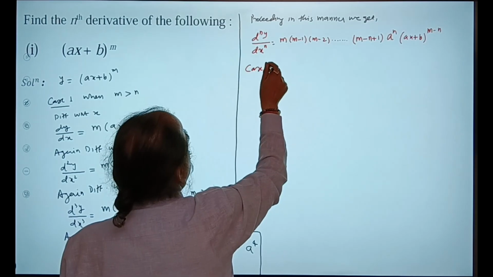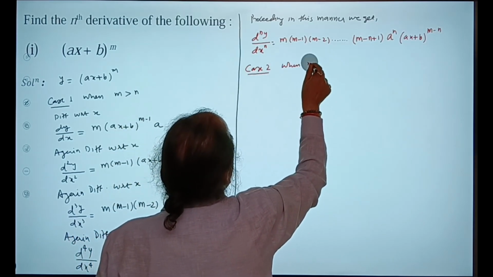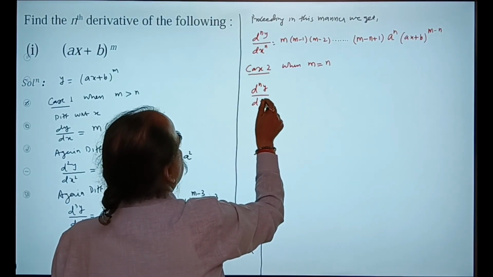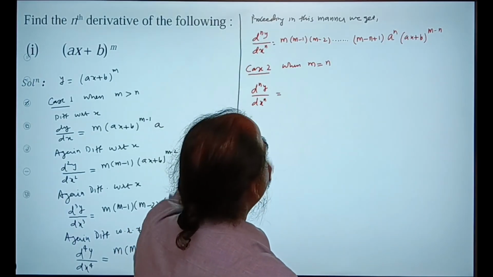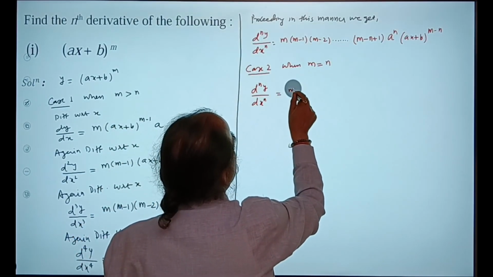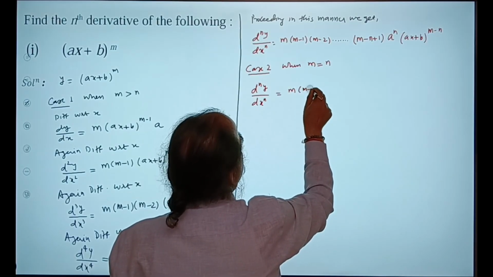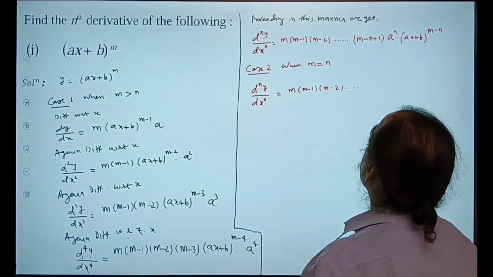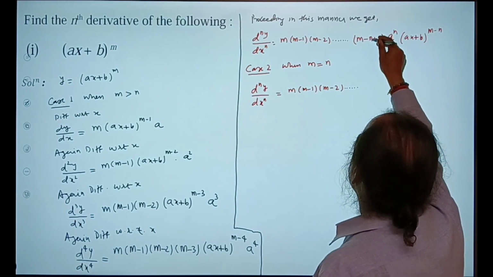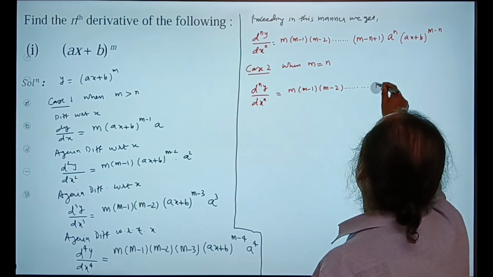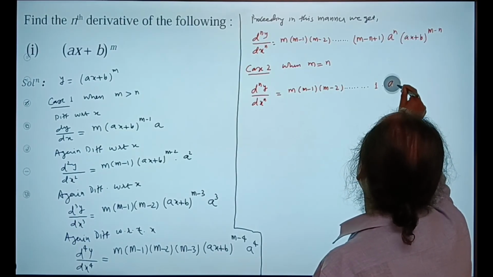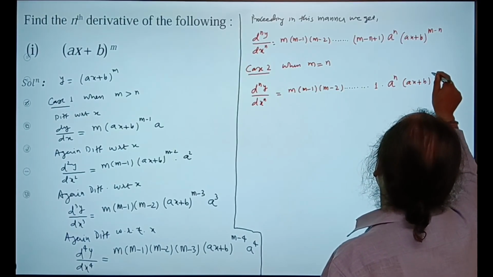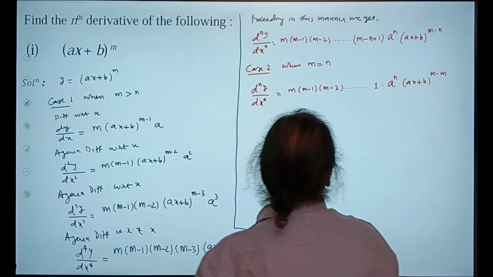Case 2, when m is same as n. So nth order derivative will be m into m minus 1 into and so on up to m minus n plus 1. Since m and n are same, so m minus n will become 0, so 1, into a raised to n, (ax plus b) raised to m minus n, because m and n are equal.